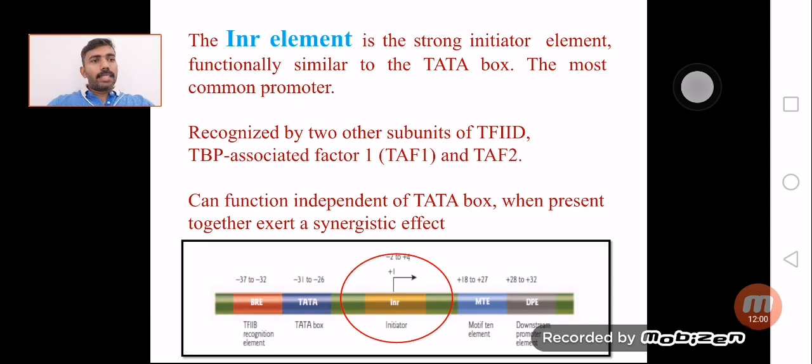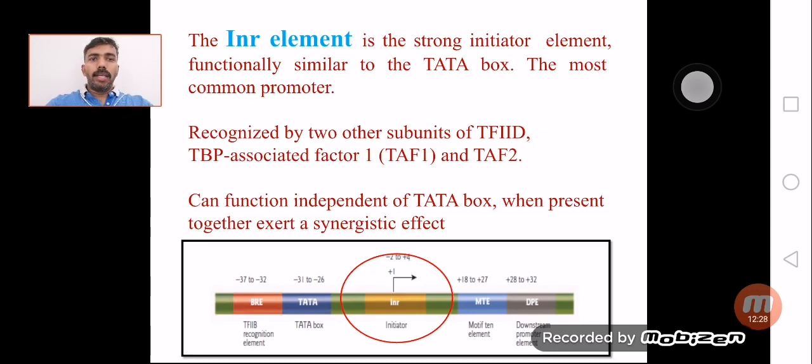And the scientists have reported that this is the most common promoter seen along with a gene when they analyze different types of genes. Usually these are recognized by two subunits of TFIID. And TFIID is important because it is the first transcription factor which will interact with the promoter region.